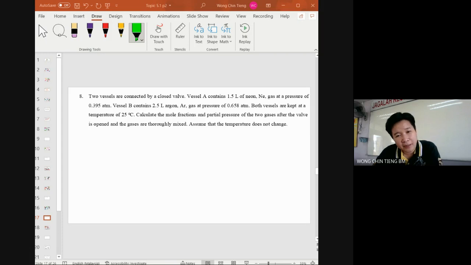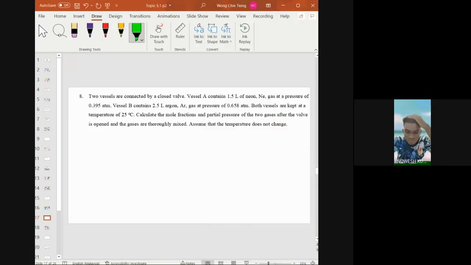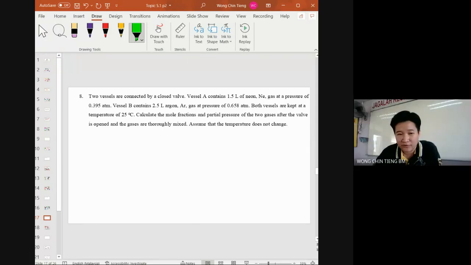Tapi Safan dapat 0.1481. Siapa yang salah tekan? Substitution Safan betul dah. Saya dapat 0.1481. Sayang kira balik 0.1481. Betul? Partial pressure of your neon.